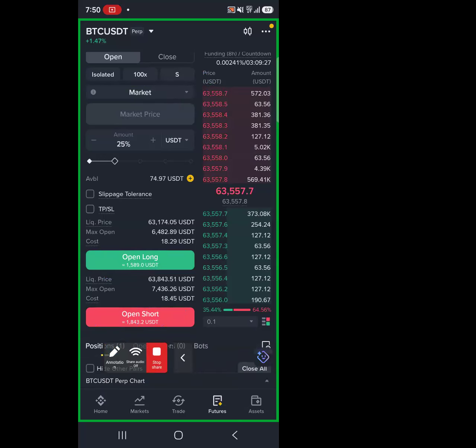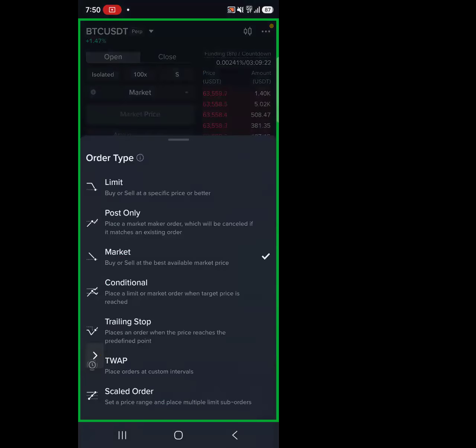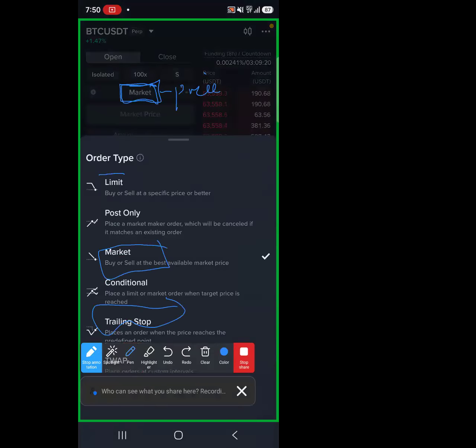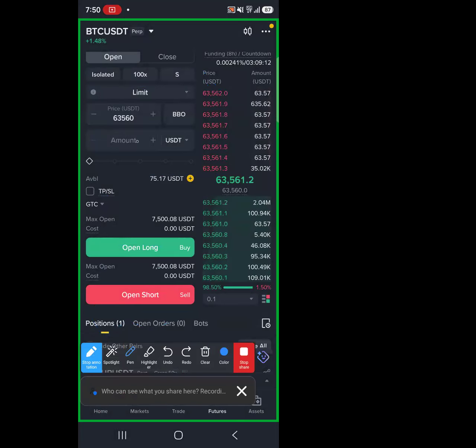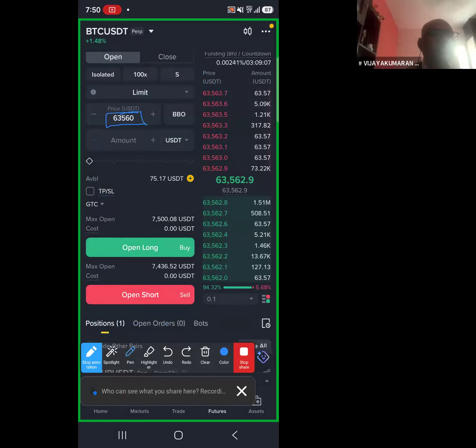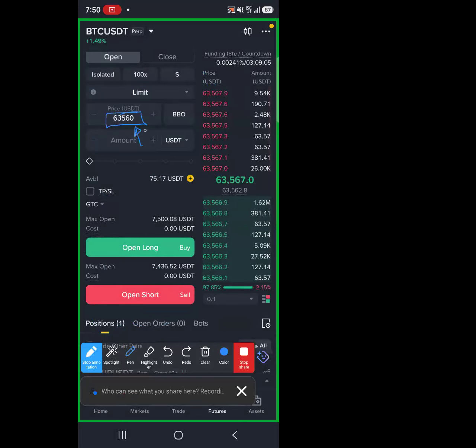But if you don't want to start at market price, maybe you want to start at a preset price, when you tap on this, you will be able to tap on limit. So when you tap on limit, it means you want to enter a specific market price. You understand? You will enter the market price at which you want the system to open up your trade. Currently this coin is trading at 63,560.